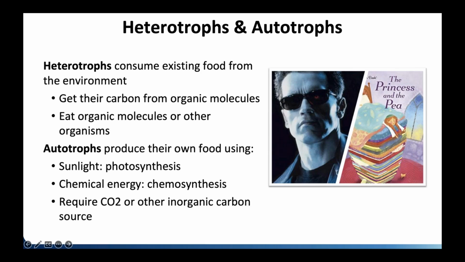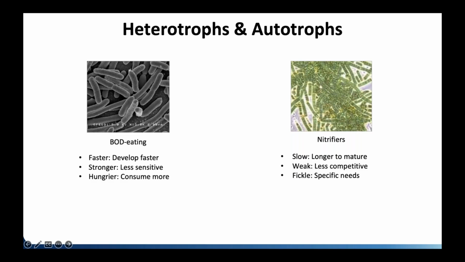They're the ones really consuming most of the organic material and doing so in a fast time period. And your autotrophic bugs are a little bit more fickle. They're like the princess and the pea. They're typically used for nitrification, for example, which is a really critical step needed to get rid of total nitrogen.